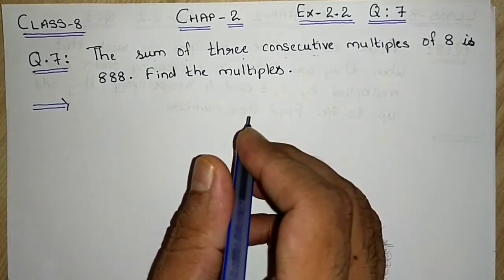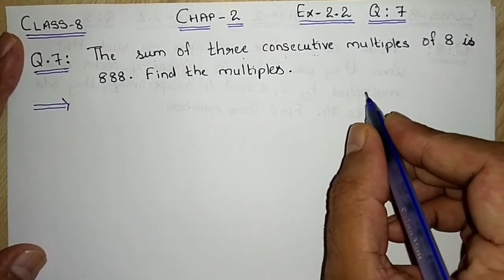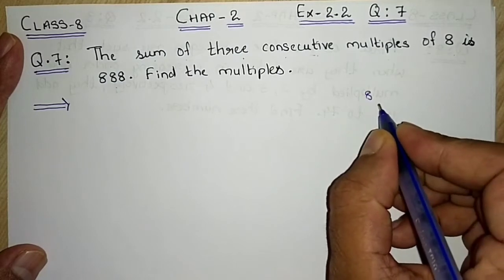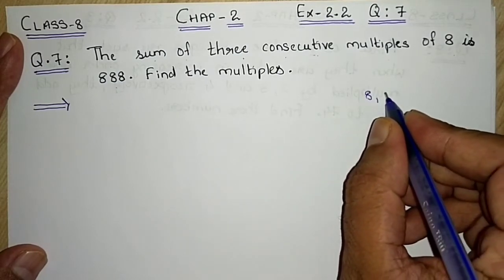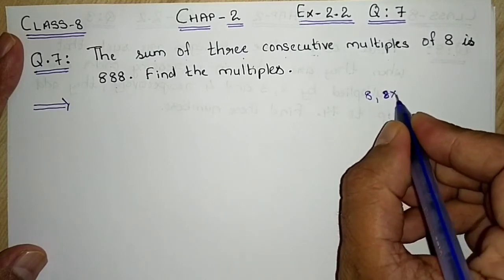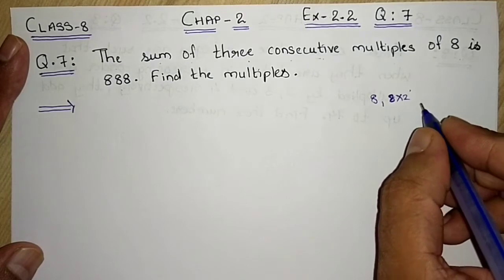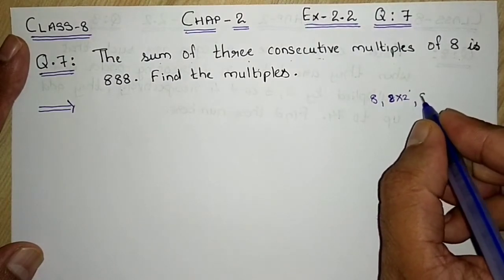We know, students, that if I am going with the table of 8, 8 ones are 8, 8 twos are 16, and 8 threes are 24.